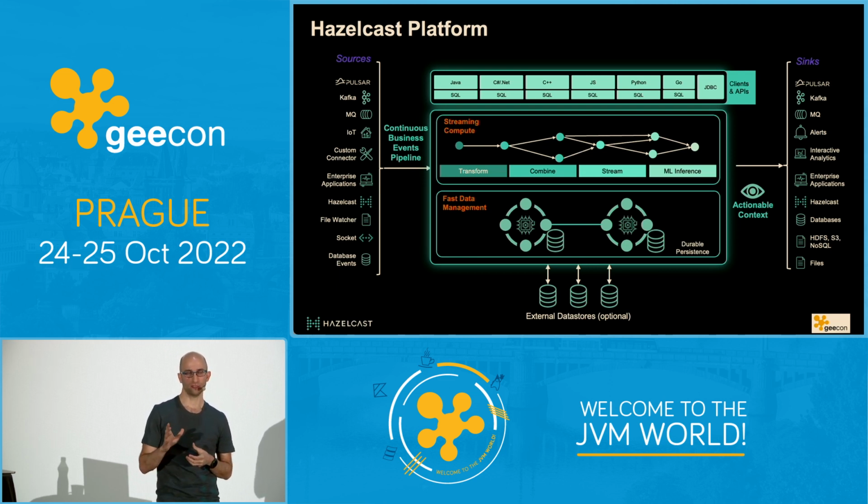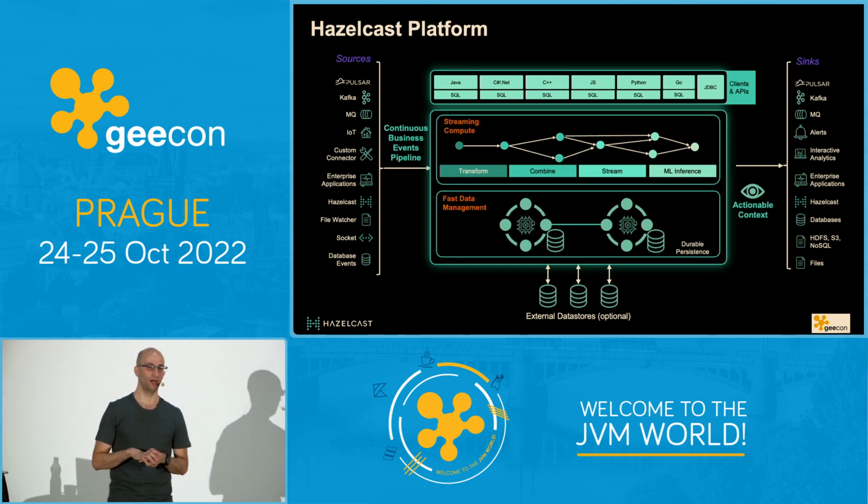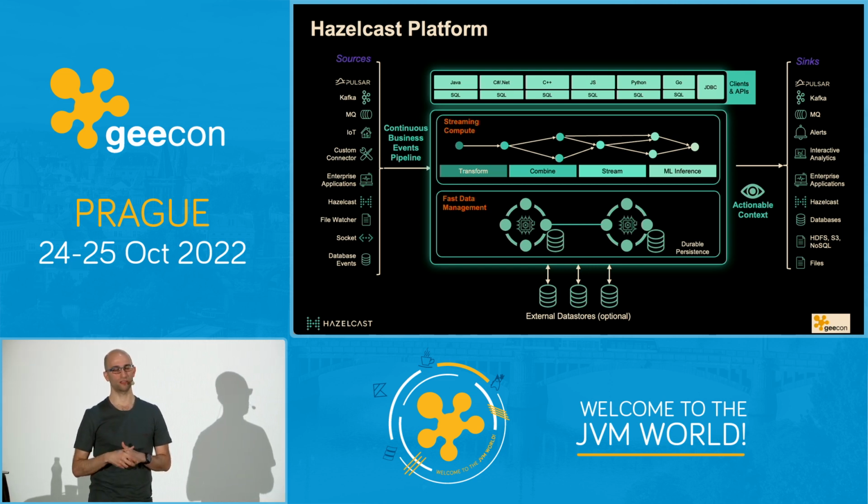Now, I realize that not all of us use Java. The platform itself is built on top of the Java virtual machine, but we have multiple clients for it, so that's where the flexibility comes into place. If you work with microservices, you probably know that not all microservices are written in the same language.